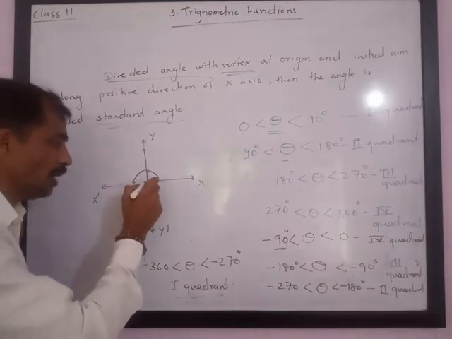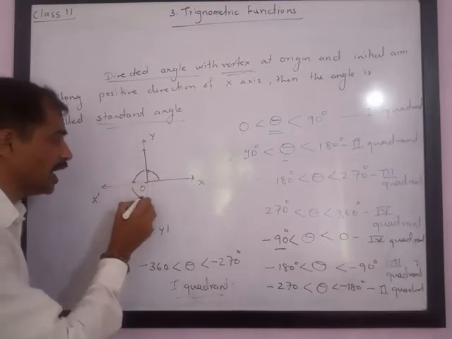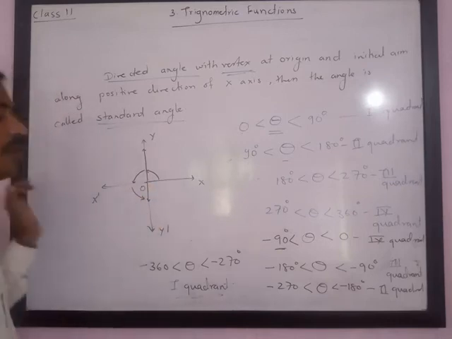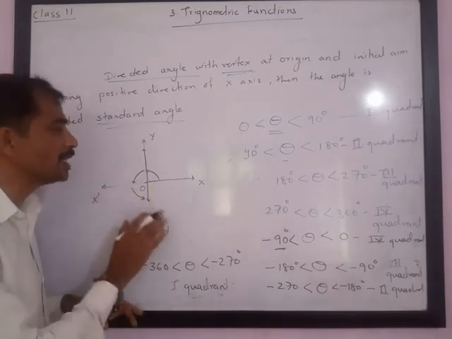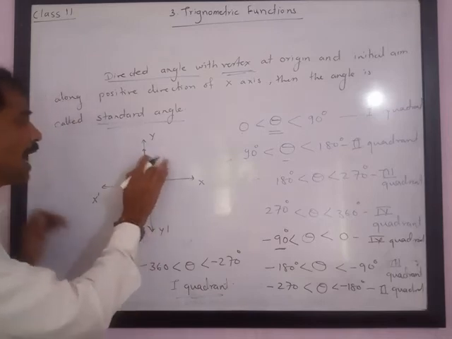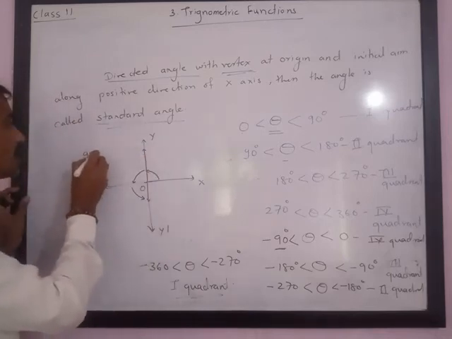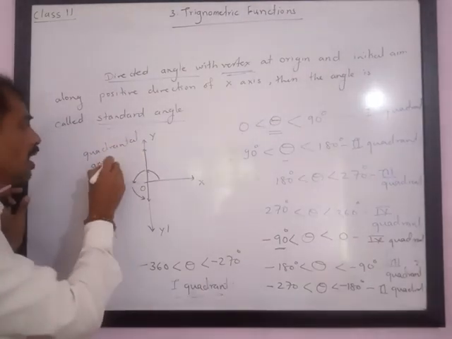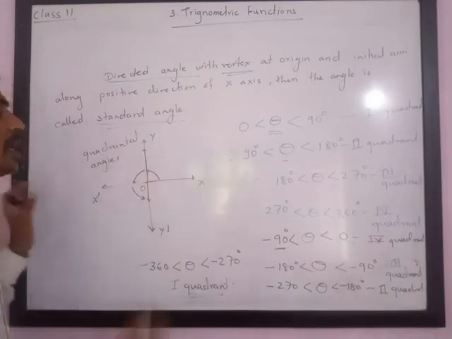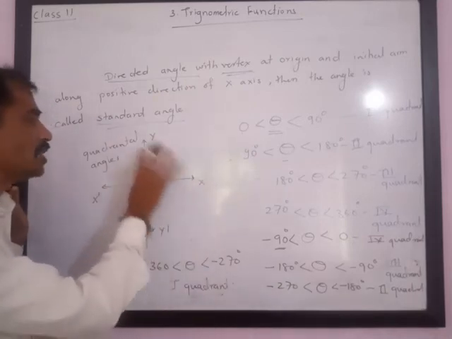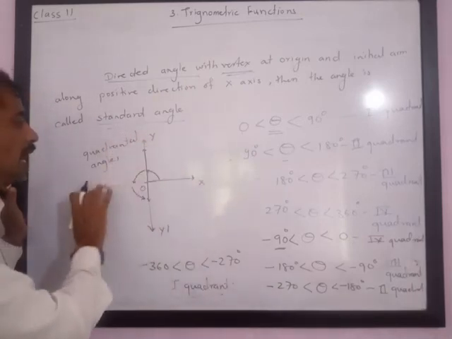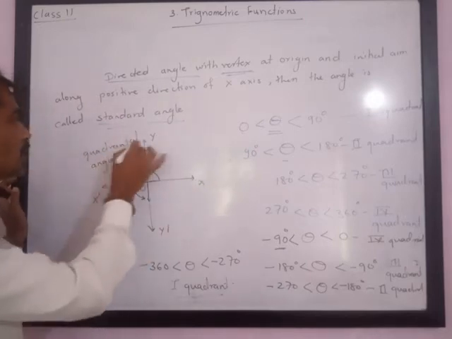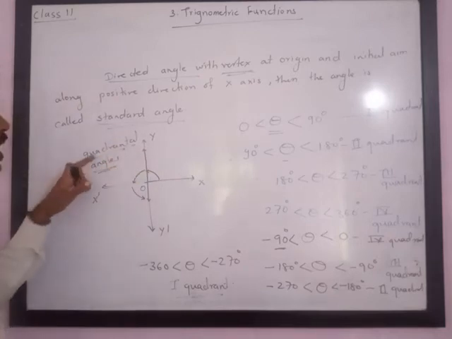If it is rotated by 270 degrees, then the terminal arm will lie along the negative direction of the y-axis. If this happens, then that angle is called a quadrantal angle. Here both the initial arm and the terminal arm lie along the axis. Then those angles are called quadrantal angles.